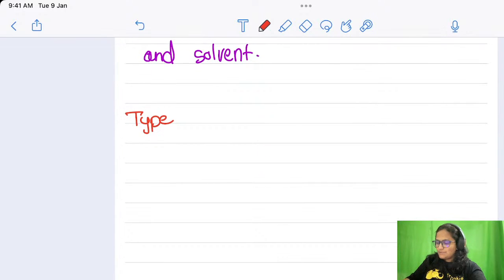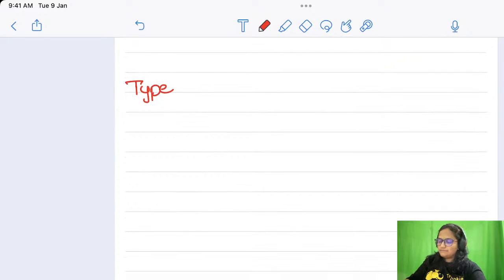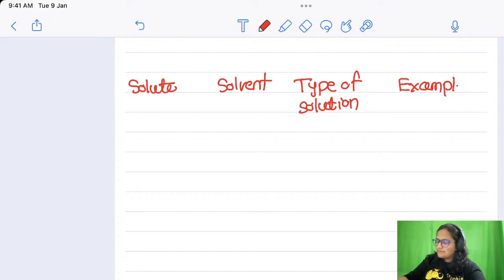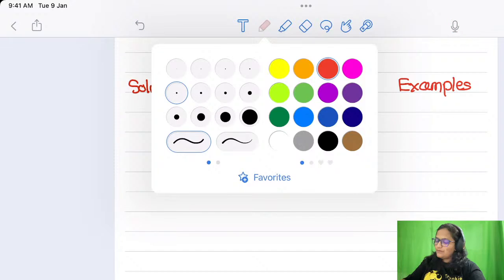Here first of all I'll write down the solute, then the solvent, then the type of solution, and then examples. Okay, one by one we are going to discuss this.